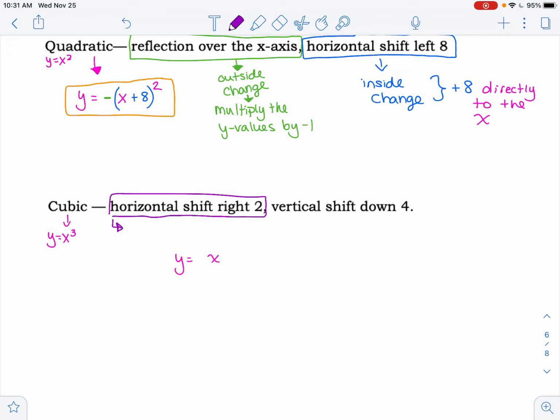That's my inside change. Since it's to the right, we're going to have minus 2 directly to the x values. So I'm going to do parentheses x minus 2, close my parentheses. Now I can put my cubed.